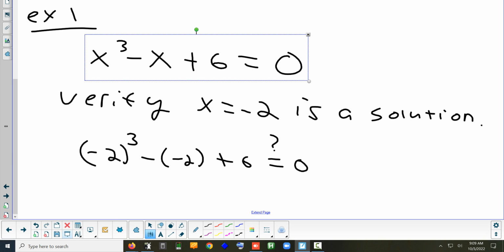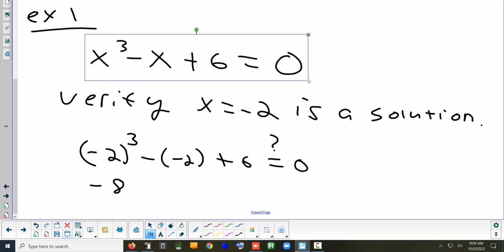I'm going to put a question mark there because I don't know if it equals 0. That's the hope. And when I do this out, Alexis, what's negative 2 cubed? Negative 8. Right, so negative 2 times negative 2 times negative 2, negative 8.